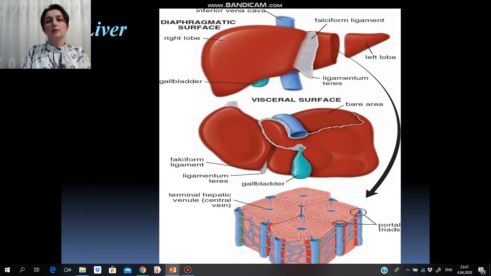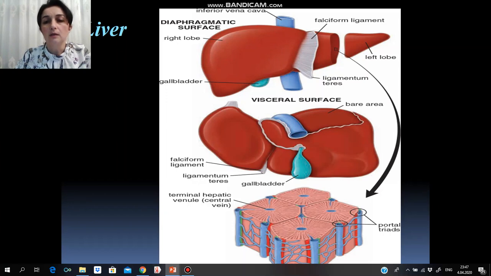Now we are coming to the largest gland of the human body, that is the liver. You know that the liver is situated in the right upper quadrant of the abdominal cavity, just under the diaphragm. And you know that the liver includes 4 lobes: right, left, caudate, and quadrate. It is covered by Glisson's capsule that is invested by serosa.